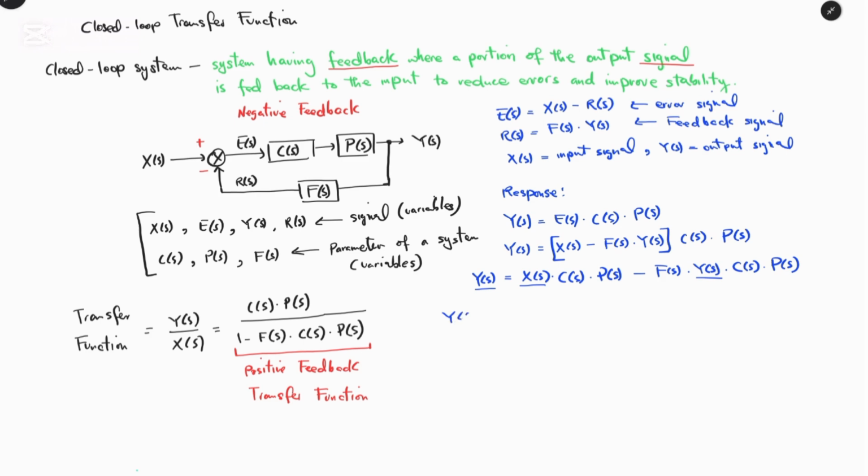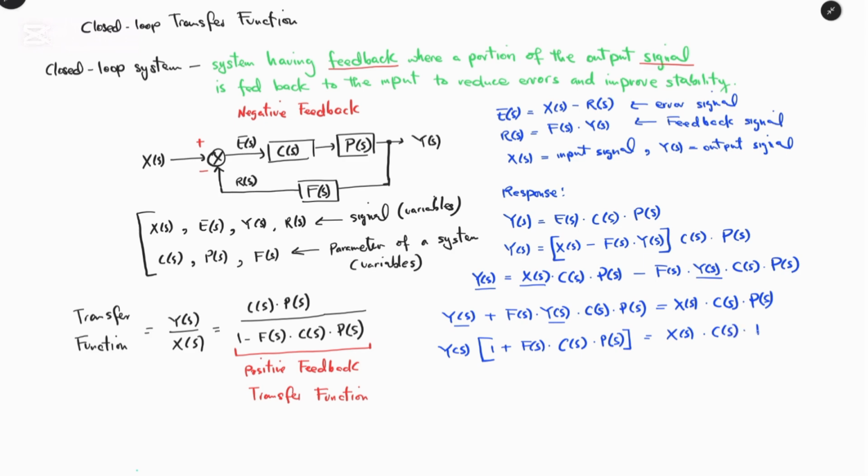We have Y of S. Now this minus will become plus F of S dot Y of S dot C of S dot P of S, which is now equivalent to X of S dot C of S dot P of S. So we can bring the Y outside the bracket, so we have only one variable, Y of S. So it can be 1 plus the F of S dot the C of S dot the P of S. Now it is equal to X of S dot the C of S dot the P of S.